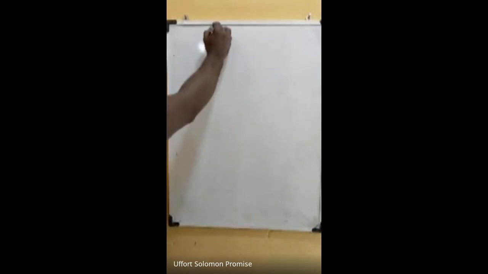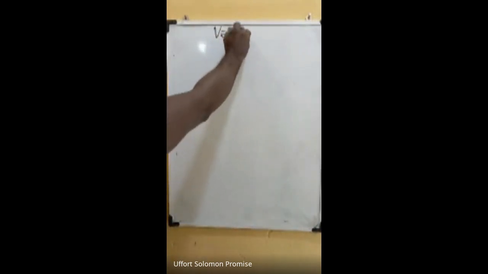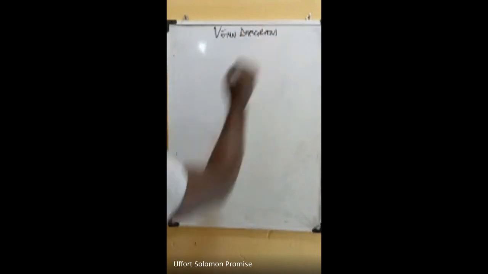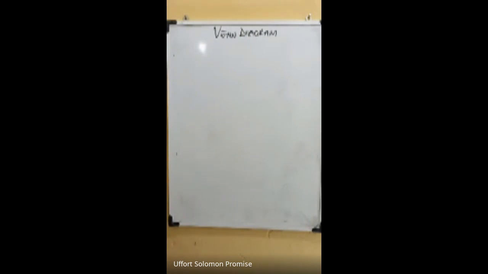So the next is Venn diagrams. I know we have touched a little on Venn diagrams, but I want to take time today to elaborate on it, because I observed that even with the little light I threw on Venn diagrams while we were taking union and intersection, most of us are still not very familiar with it.